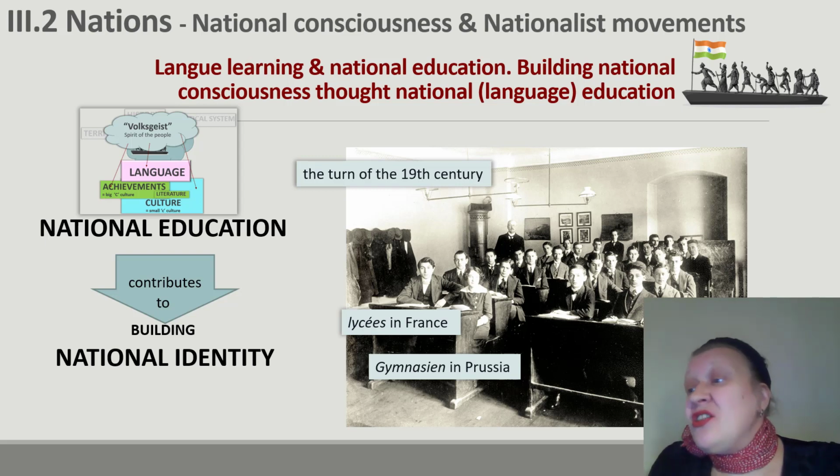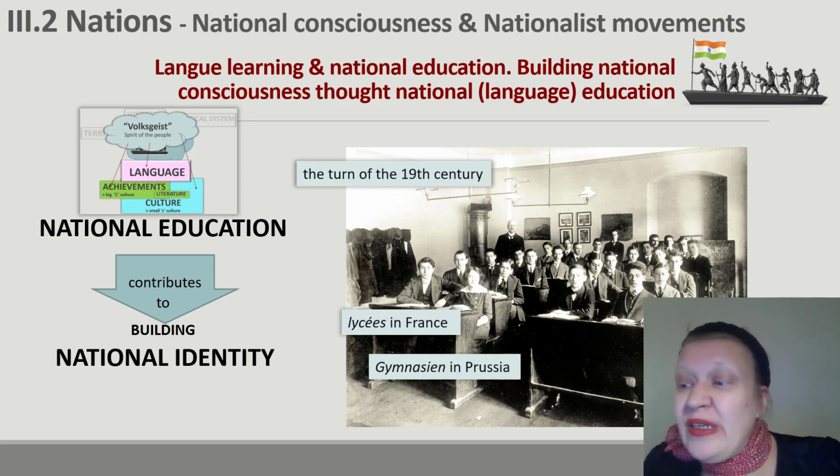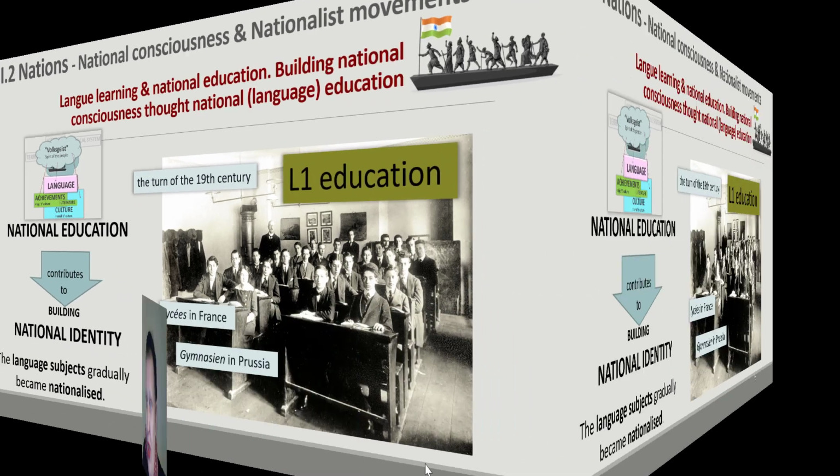Common and standard education for all members of a nation was seen as contributing to the building of national identity. The language subject gradually became nationalized and included in the general education of the population towards a nationally structured view of the world. The national education system focused first on national languages.